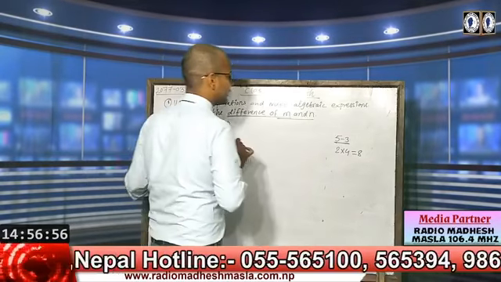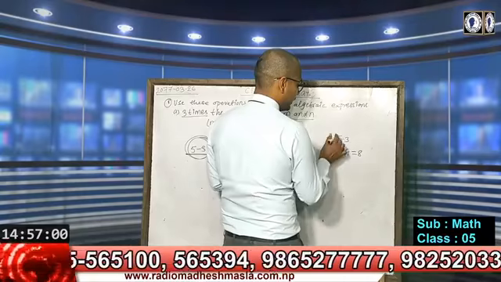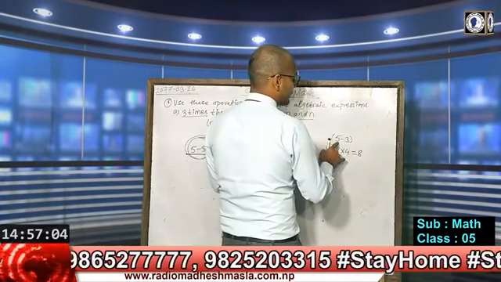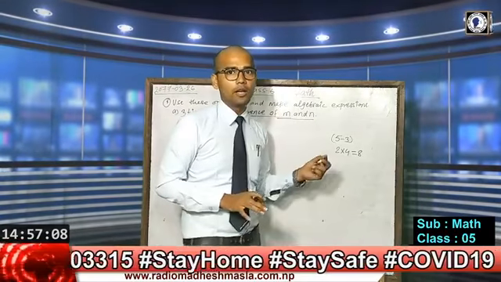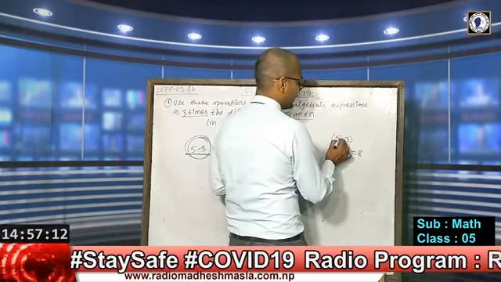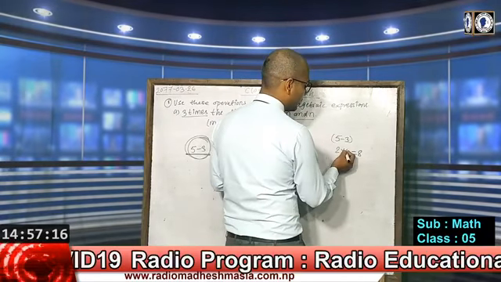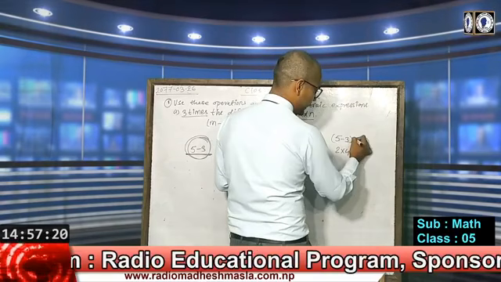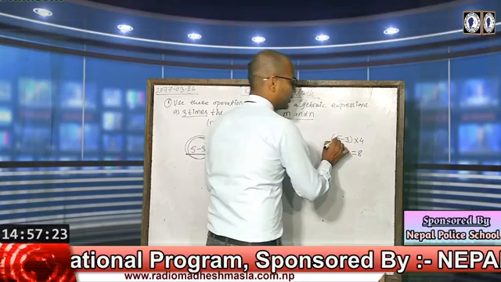Here also, if we use the bracket in place of the difference of 5 and 3, is there any problem? No. And as we know, the result should be multiplied by 4. So if we multiply it by 4 here, is there any problem? No. The question will be the same.